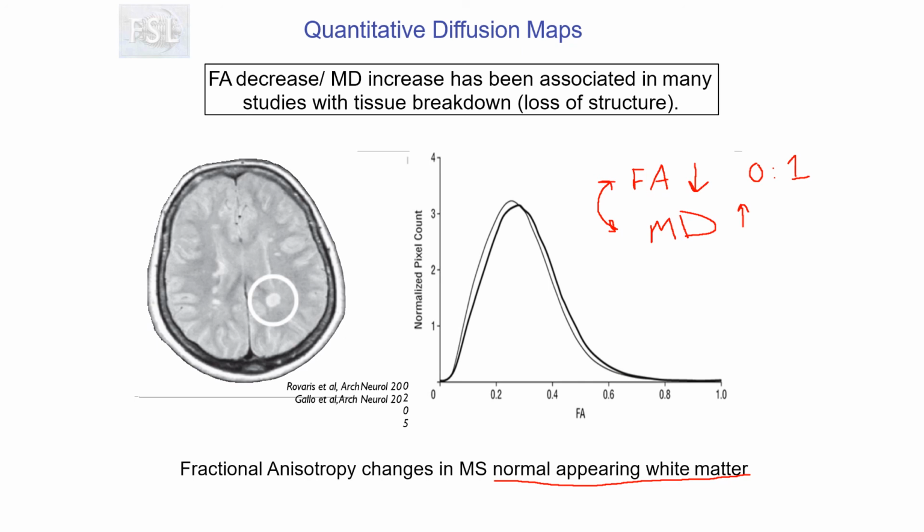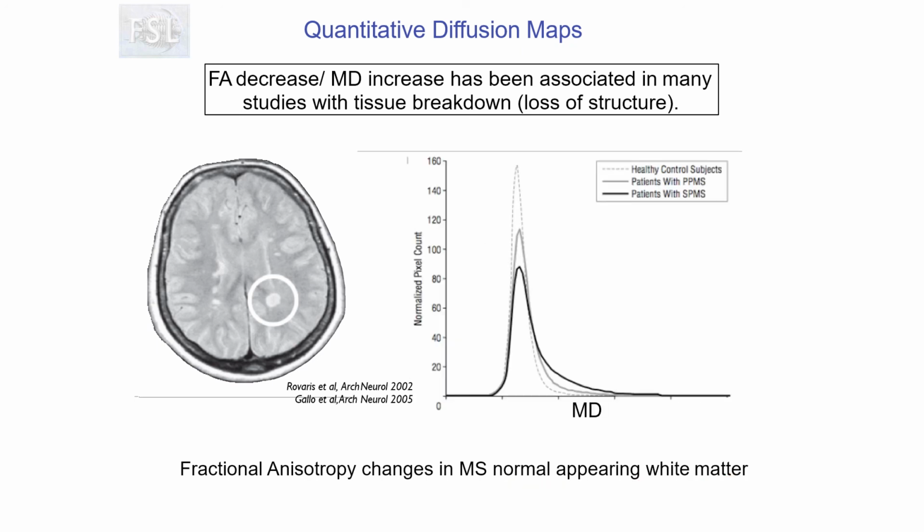So it can be very sensitive to changes, alterations in tissue in the microstructure. And again, you get changes with mean diffusivity. These are different types of multiple sclerosis, normalized pixel count. Again, there are different ways to compare the diffusivity between groups. This is a little bit older method. It still can be done, but we have newer methods as well.